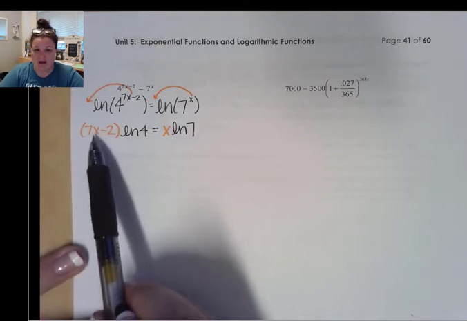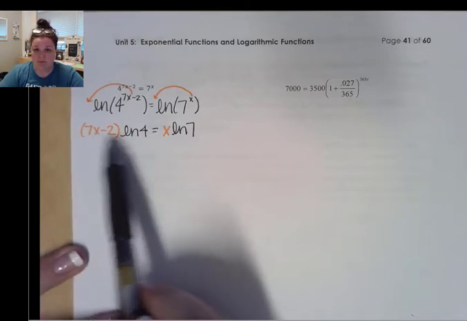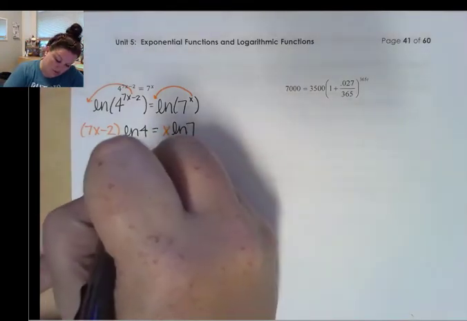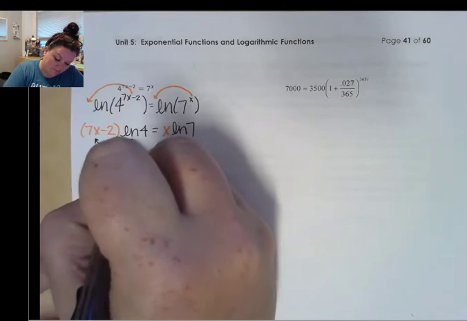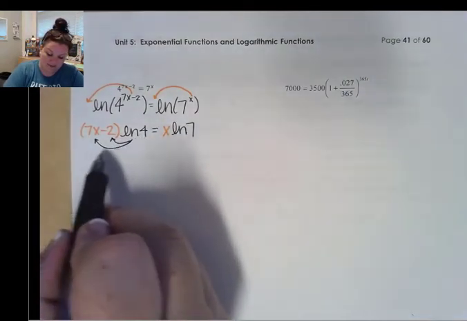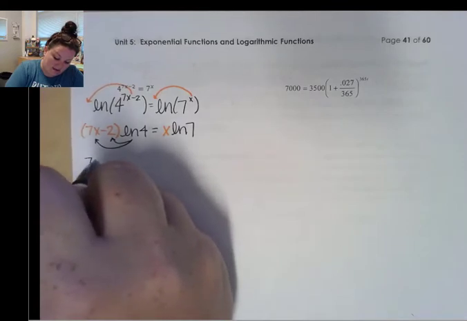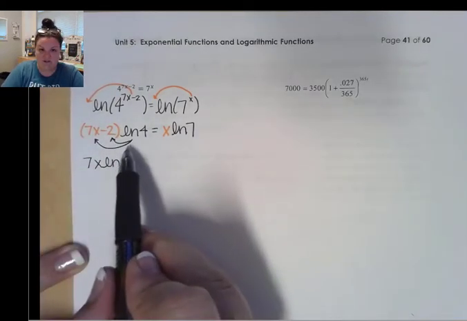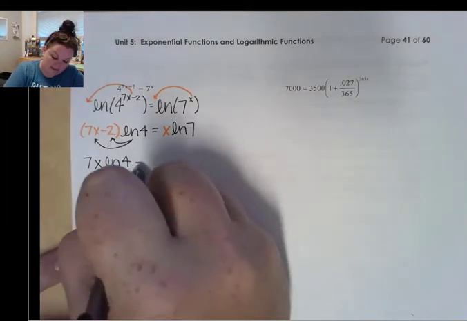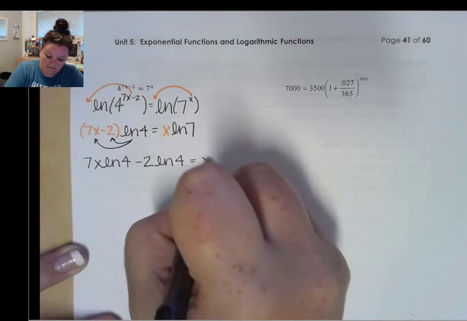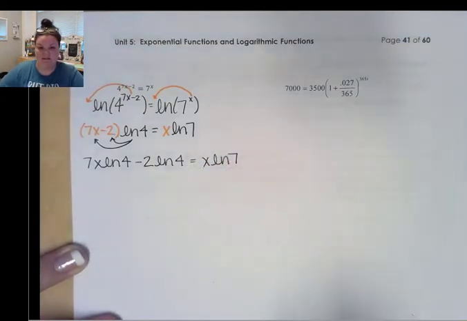And the way that I get it out of a quantity is that I just undo whatever multiplication is happening to that quantity. So I'm going to distribute this ln 4 to both terms. Okay, so when I distribute it to 7x, I'll get 7x ln 4. And when I distribute it to negative 2, I get negative 2 ln 4. And that's going to be equal to x ln 7.